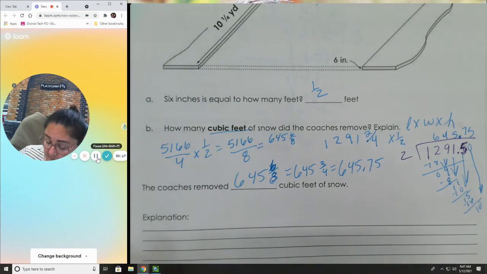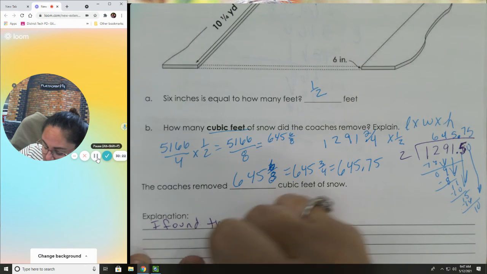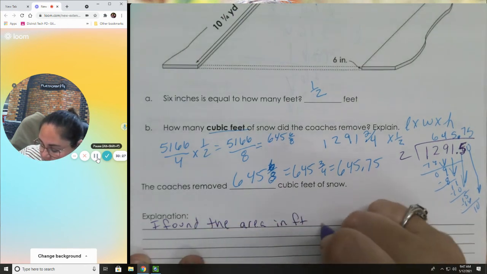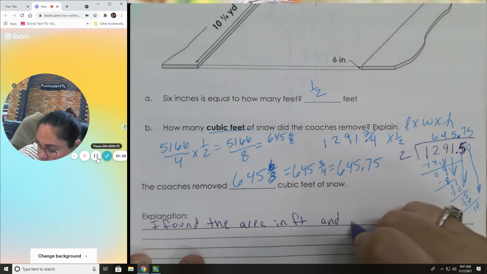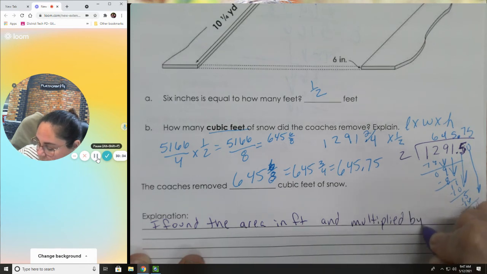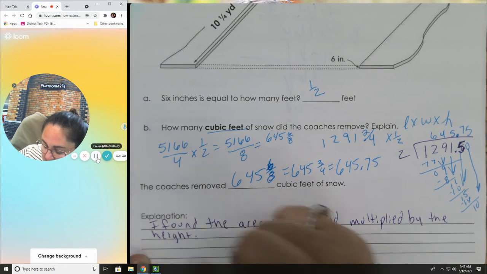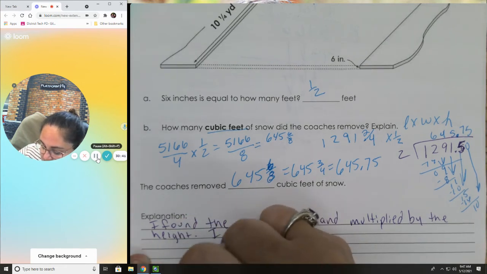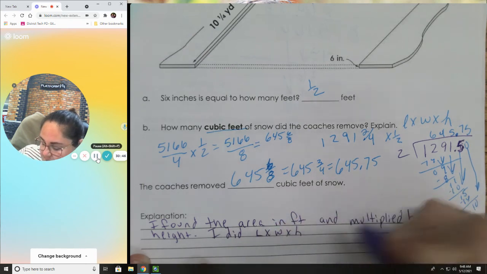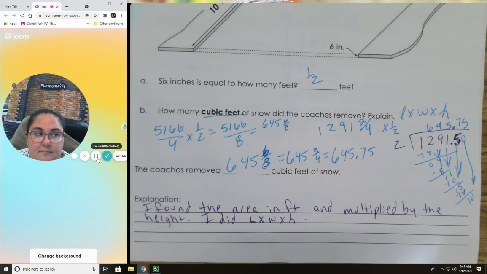Well, I know that I found the area in feet and multiplied by the height. I did length times width times height. Done.